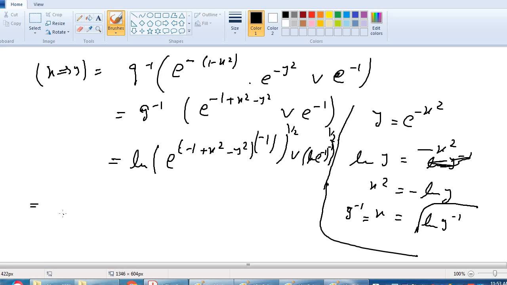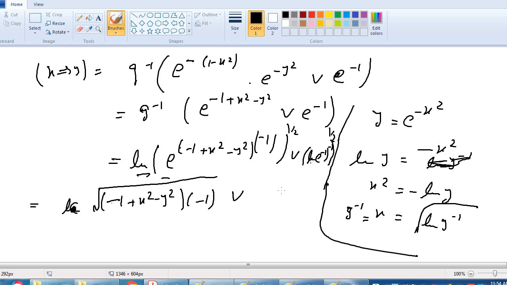We see that ln and e are inverse to each other, so these two will cancel each other, and we will get minus 1 plus x square minus y square into minus 1, whole under root, union.